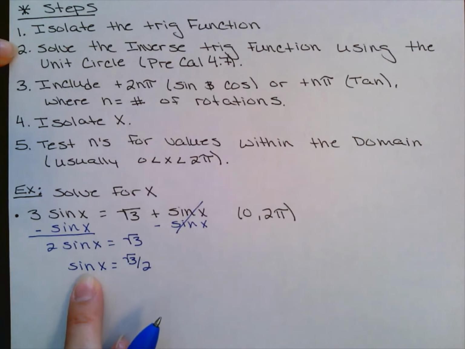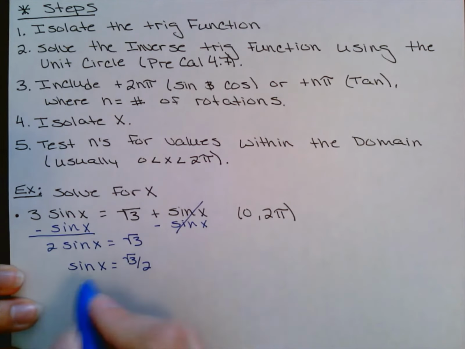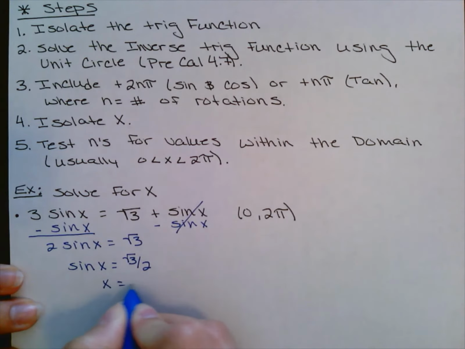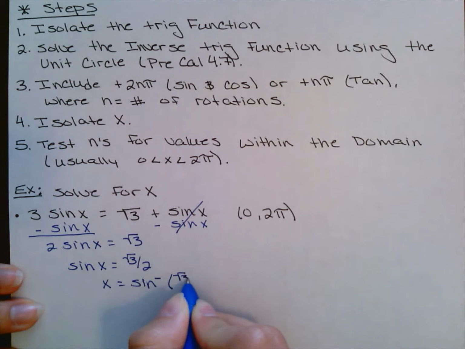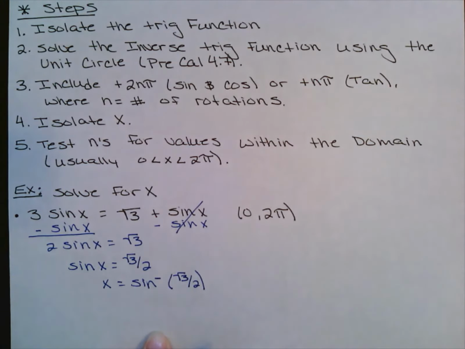Now, in step 2, I'm going to use inverse trig functions. So the way I isolate x is I ask myself the inverse sine of square root of 3 over 2. Just like back in algebra, whenever we wanted to solve for x, we did the inverse operation. Like if I had a plus 3, I subtracted a 3.